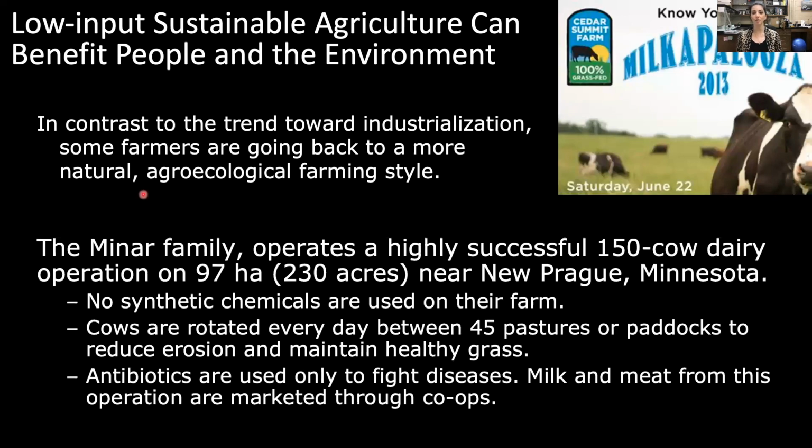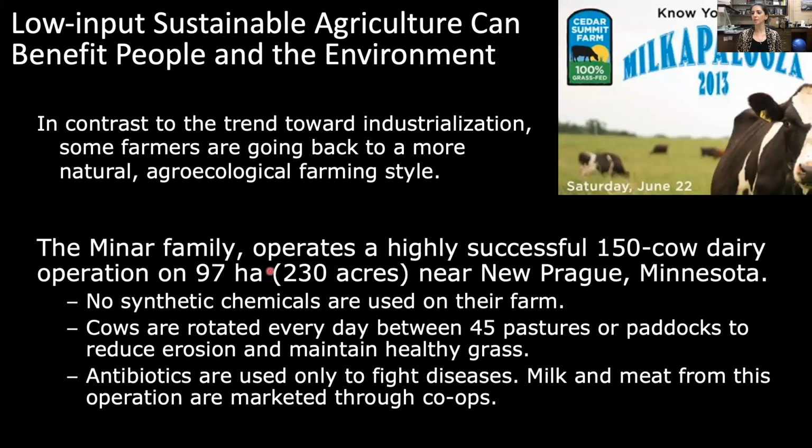An example of this is the Minar family in Minnesota. Families like this that have family farms find that they can't compete with the big guys really, and sometimes they don't want to. So these folks are making money and staying in farming by returning to small scale, low input agriculture.